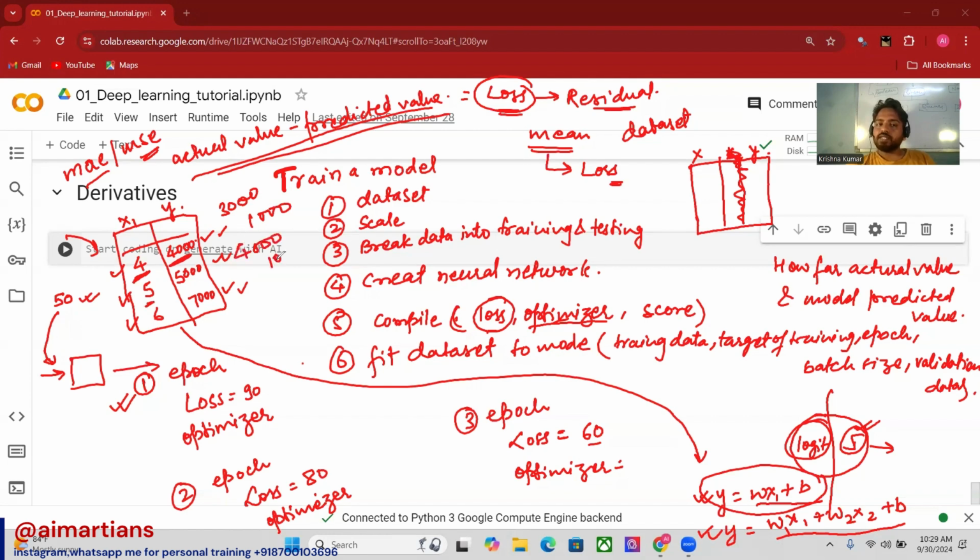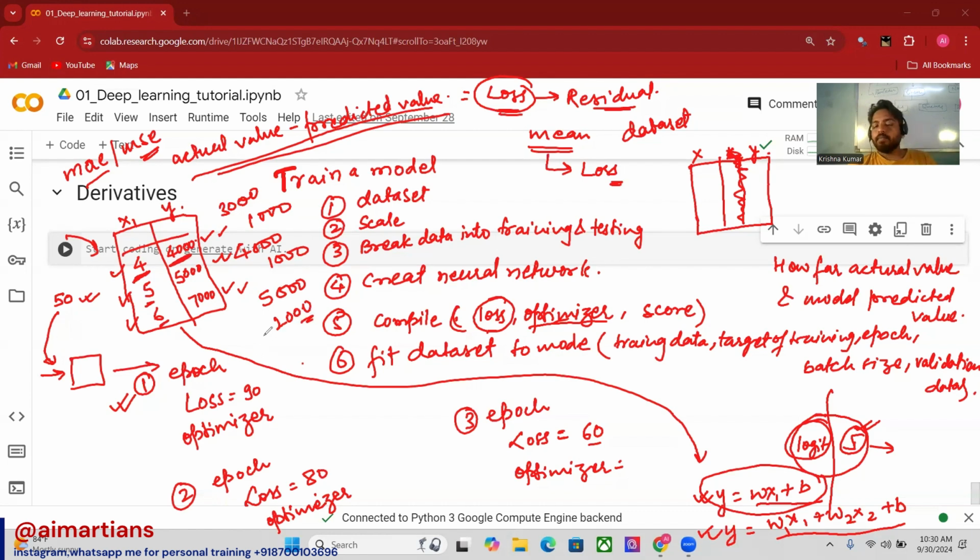Again, it is 1,000 away from the actual point. For the guy with 6 years of experience, my model is saying we can offer 5,000, but my actual data is saying 7,000. So what is the loss? 2,000. So these are the losses.